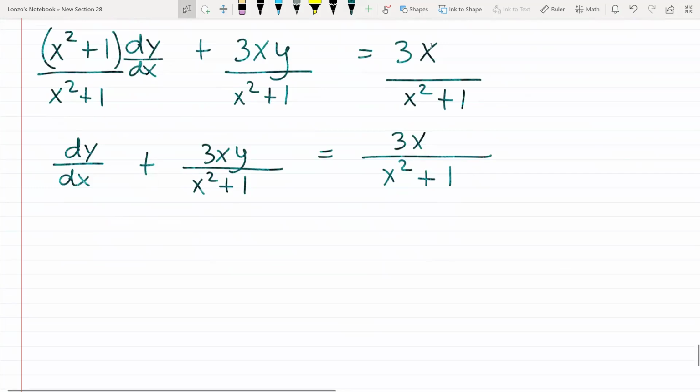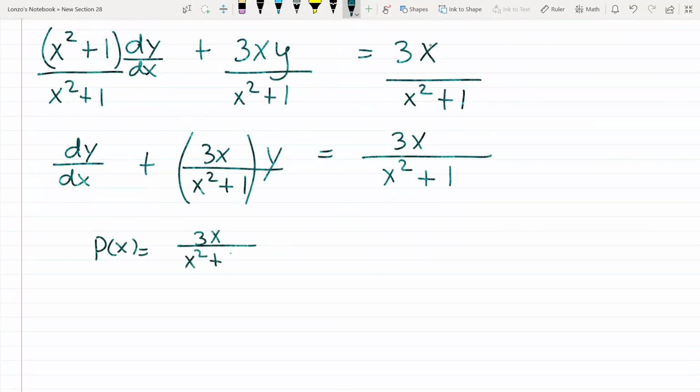Now I'm going to figure out what's my p of x and my q of x. So you see this y, you can factor it out a bit. So you can say times y. Okay, so my p of x is this whole thing, and then my q of x is 3x over x squared plus 1.